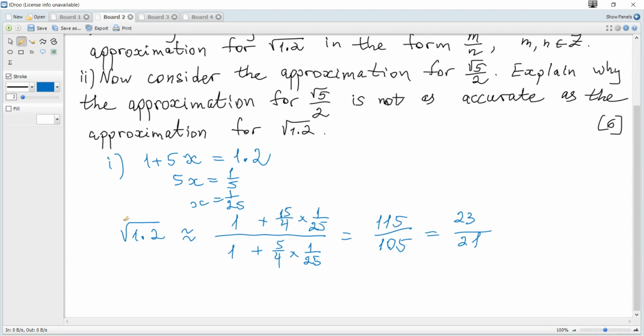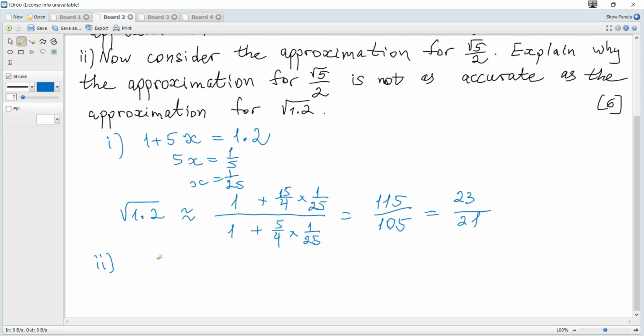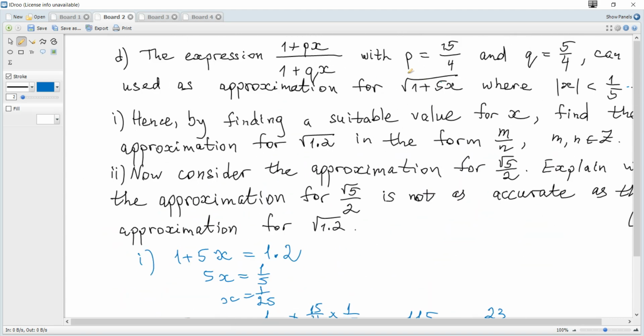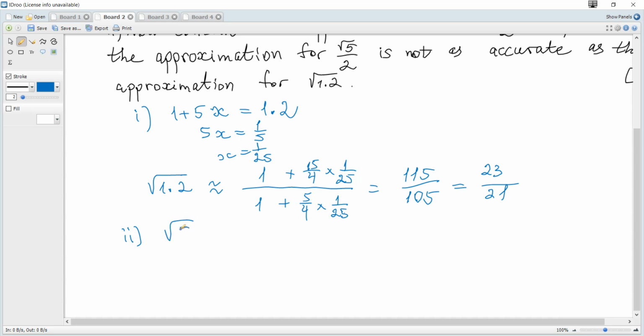Then, now consider the approximation for square root of 5 over 2. Explain why the approximation for square root of 5 over 2 is not as accurate as the approximation for square root of 1.2. And again, to use this, we need the x value, this to be equal to this, so root of 5 over 2, it's a root of 5 over 4, and it is equal to root of 1 plus 5x.